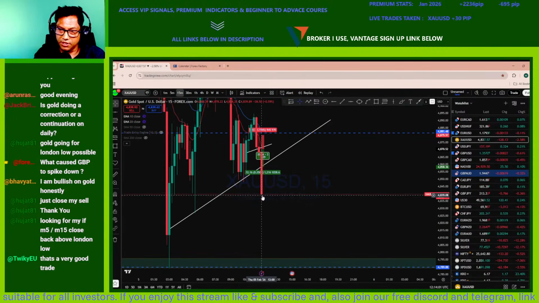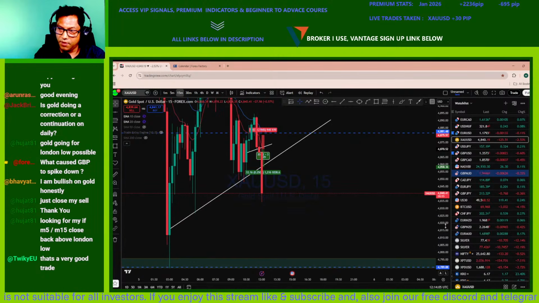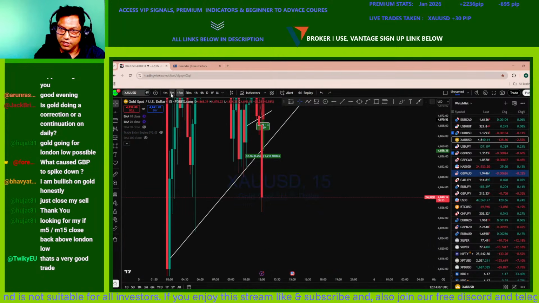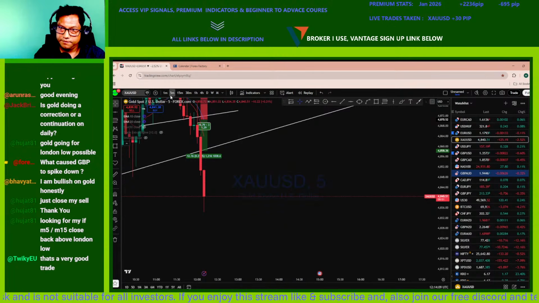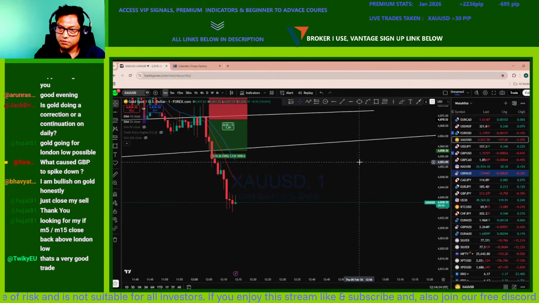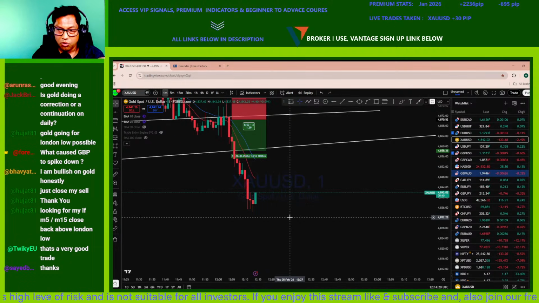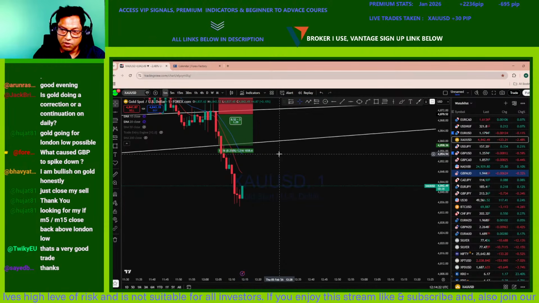With this break below here, we could see the market eventually fill that zone, and we might see the price come back below to create a new lower low here. All right, so you can see here, maintaining that series of lower highs could bring that market further back below.